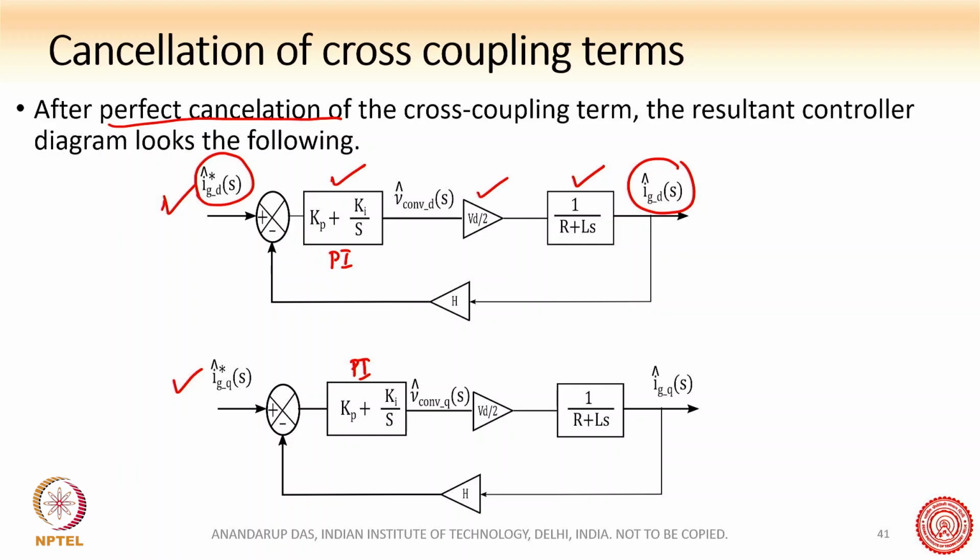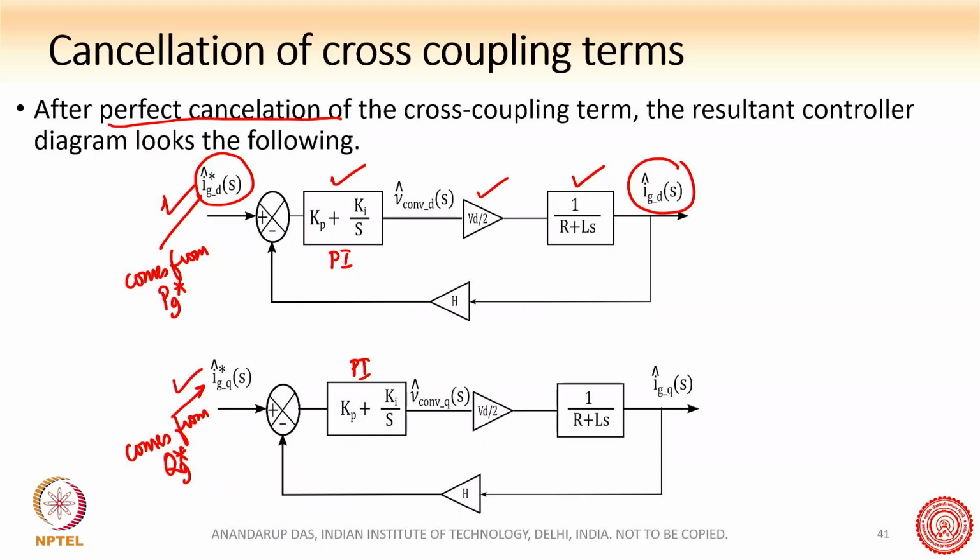As I told you, the voltage source converter behaves like a current controlled voltage source converter. So we give a current reference. Vector controlled VSC is a current controlled VSC. So this IGD star comes from PG star, how much active power I want to give, and this comes from QG star, how much reactive power I want to exchange.